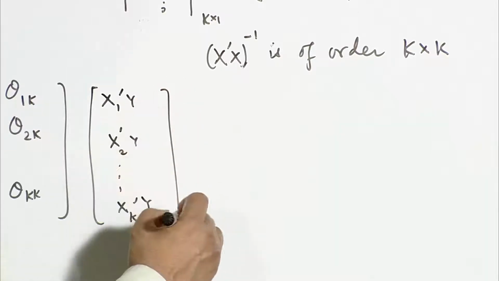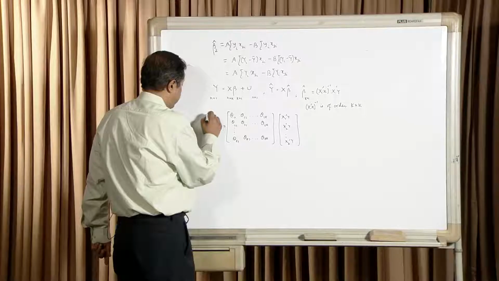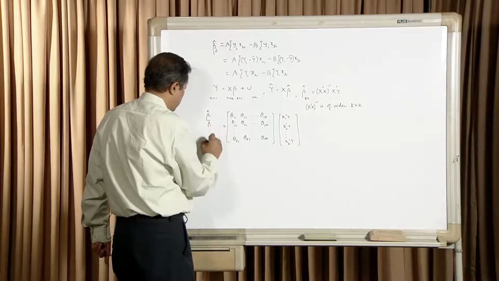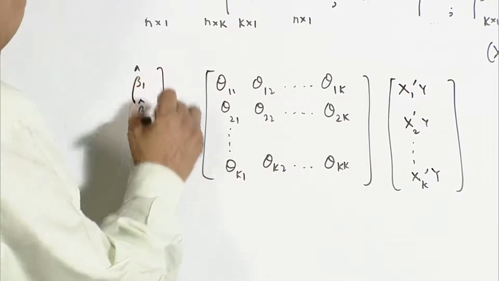That gives the estimates beta 1 hat, beta 2 hat through beta k hat.